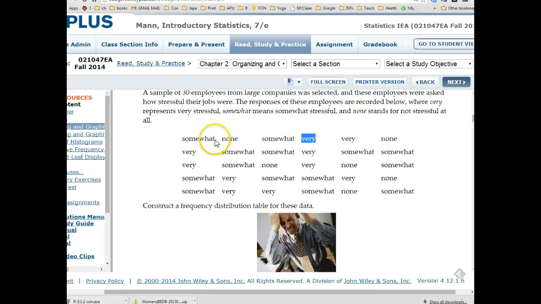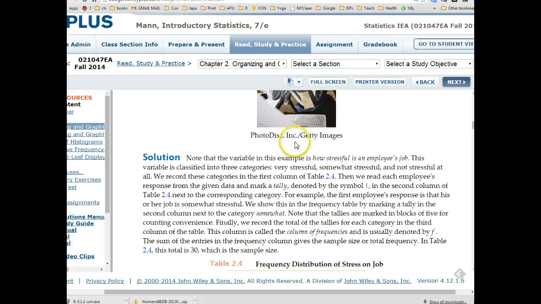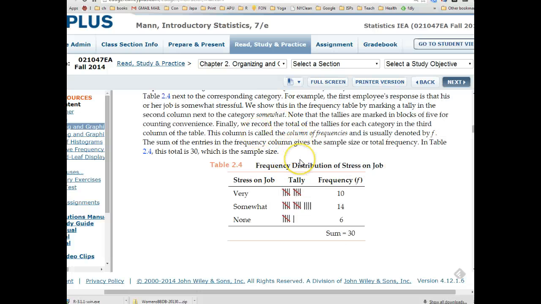You'd say somebody said somewhat, somebody said none, but you might try to do a little bit more than that. Count them, right? You might count how many somewhats, how many nones, and how many verys. That's called a frequency distribution.